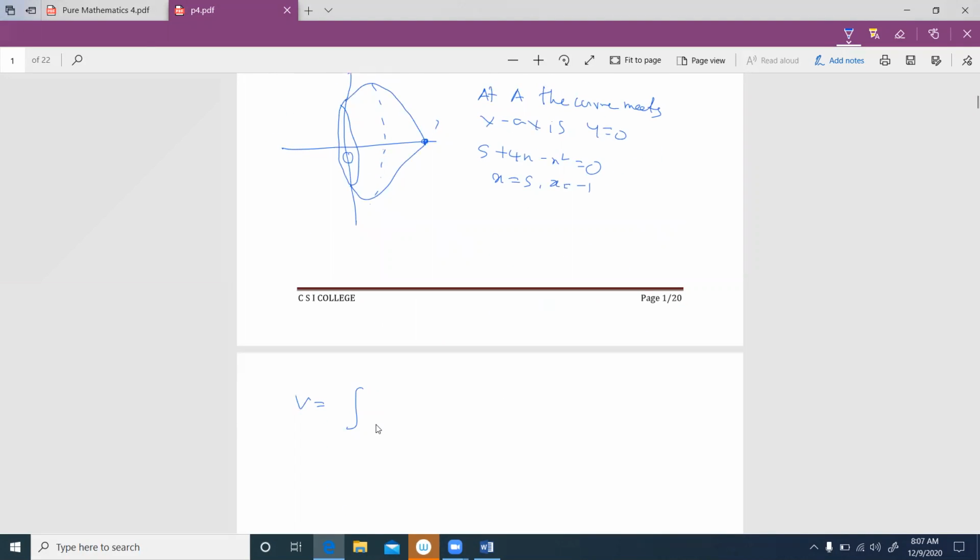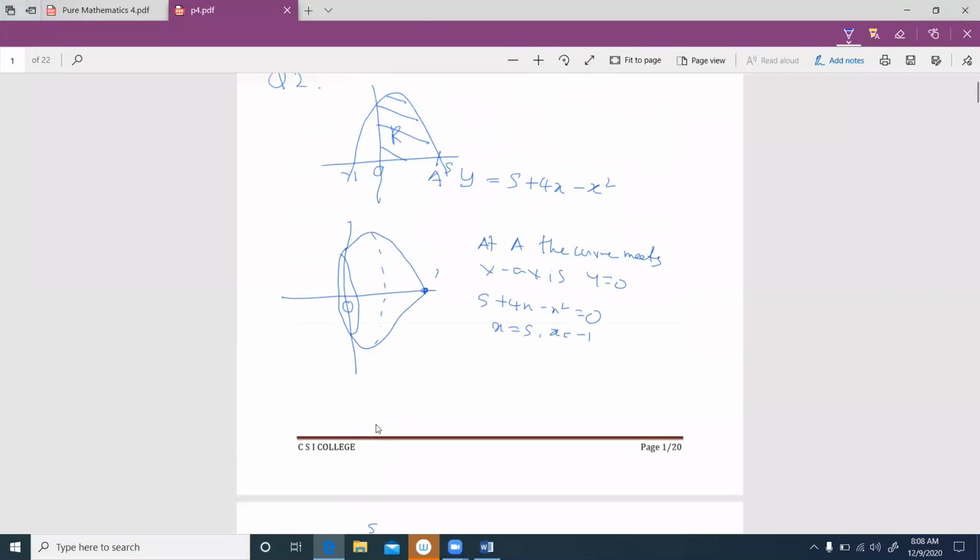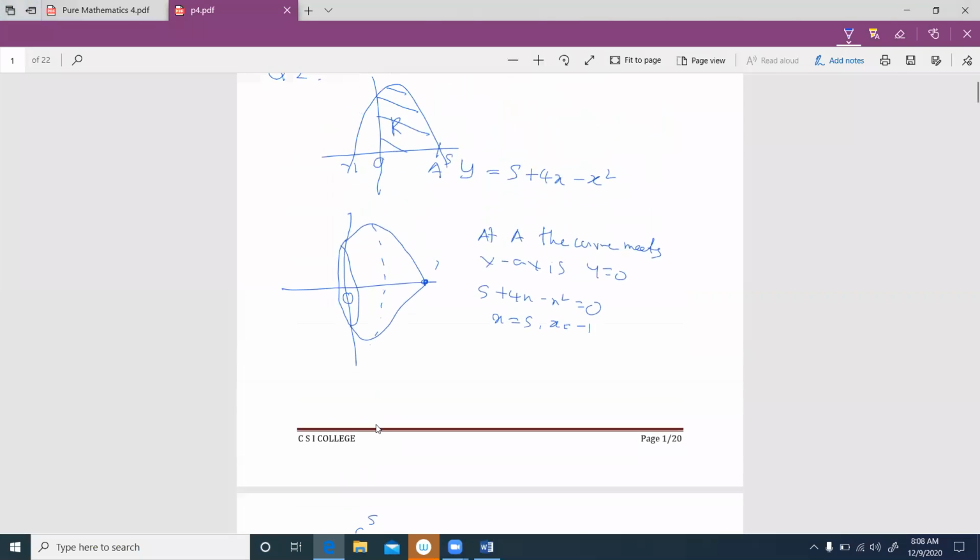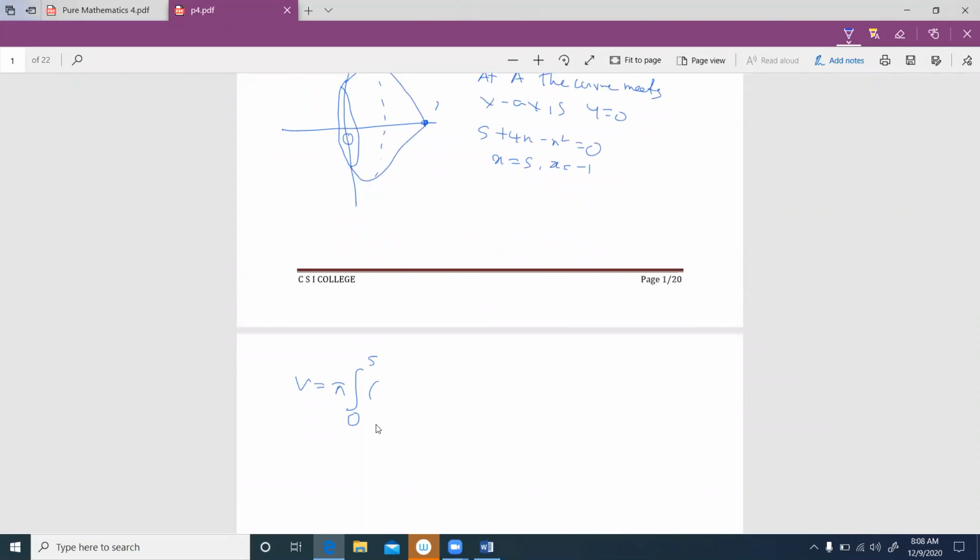So it should be pi times the integration from 0 to 5 of y squared, that is, 5 plus 4x minus x squared, all squared.